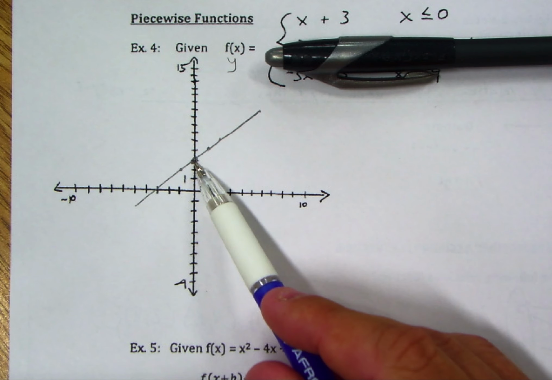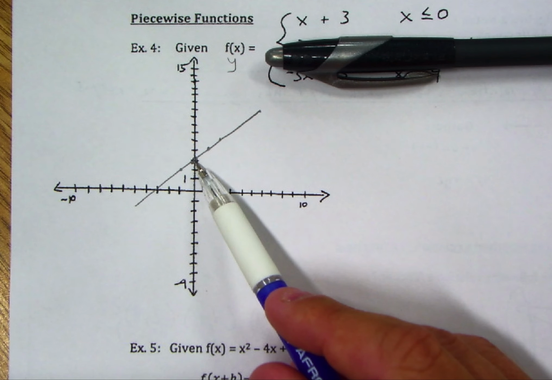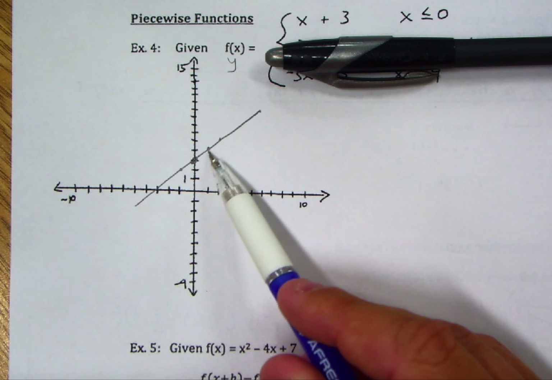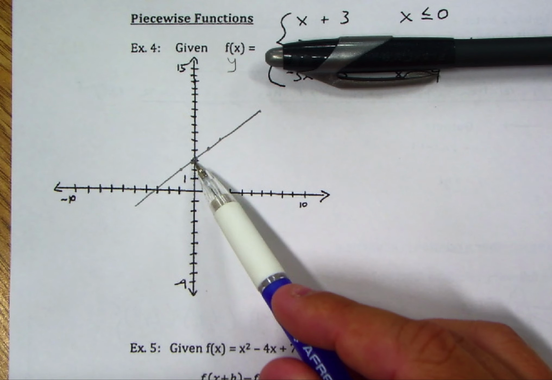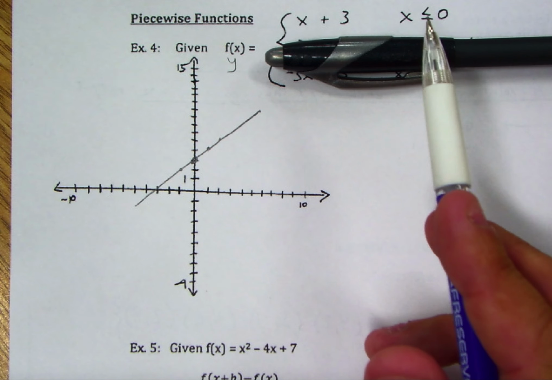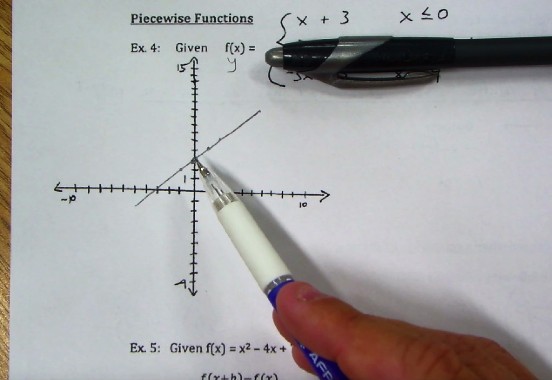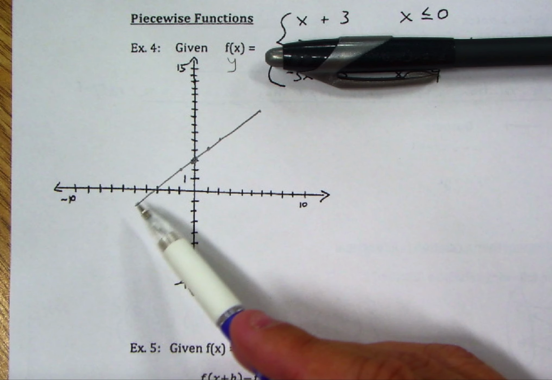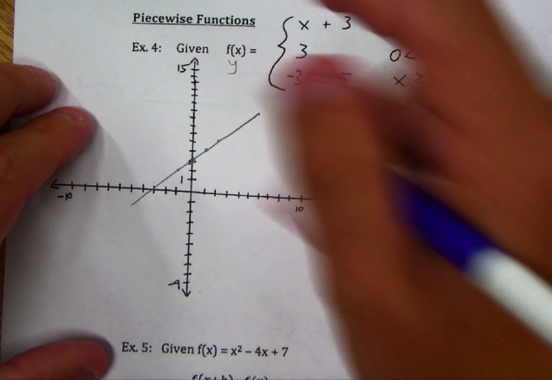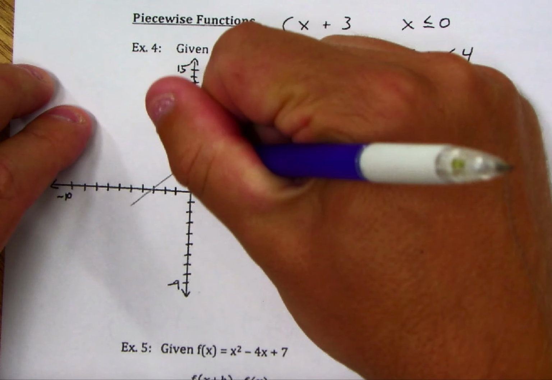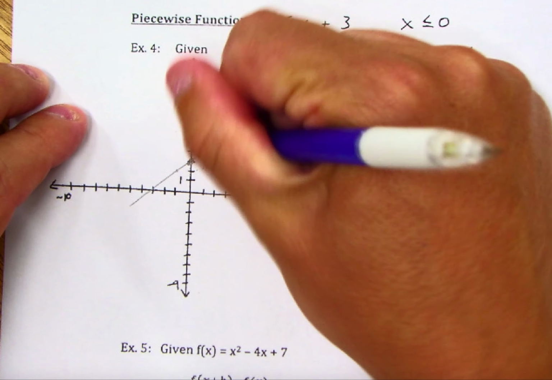And what I'm going to do, I'm going to erase either one side of this circle here or the other. I'm either going to erase all the stuff over here or all the stuff over here. Well, I want the part where x values are less than or equal to 0. That means I want the stuff to the left of 0. I want this, which means I'm going to erase all of this stuff over here. So I'm going to go ahead and erase all this.